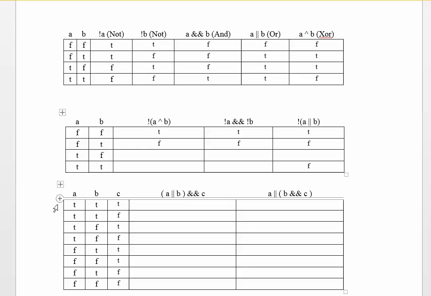So we'll evaluate the first line here. The first thing we evaluate is what's in parentheses, and we have an OR on the A and the B, which is going to return true. And then we know that C is true. So in essence what we're doing is an AND on two trues, which, as we saw in the first truth table, is going to be true.